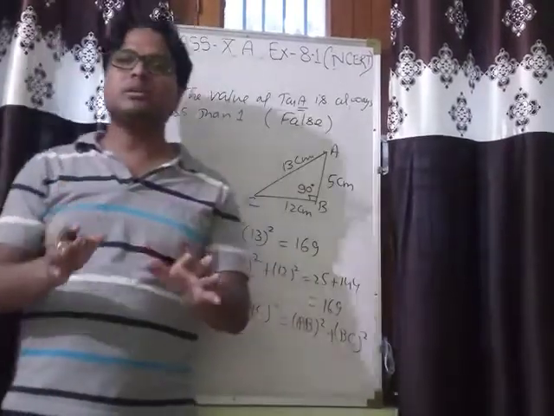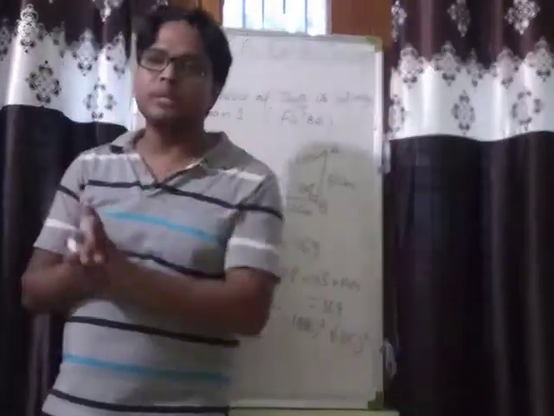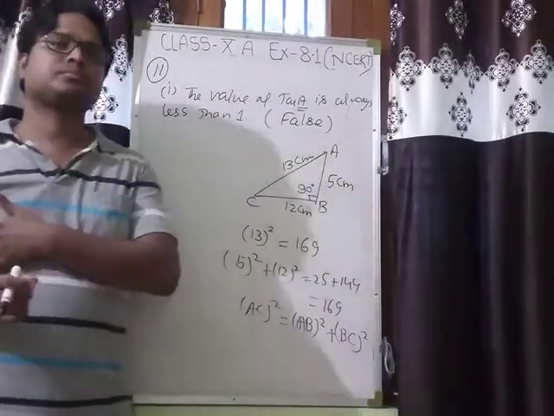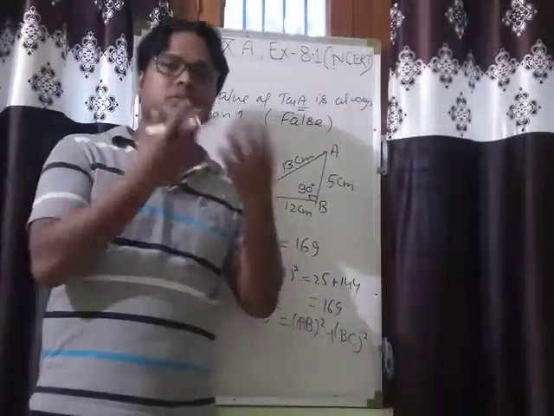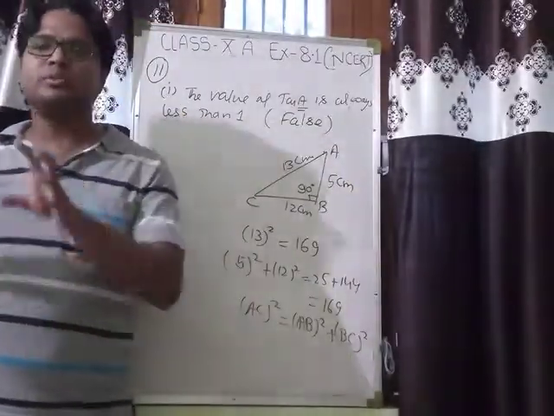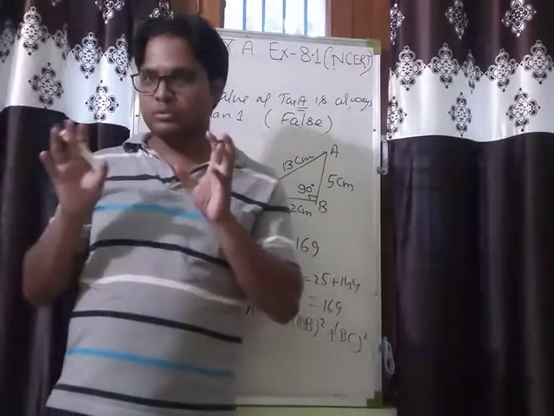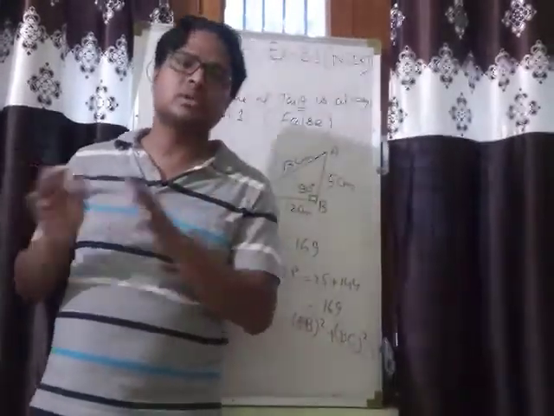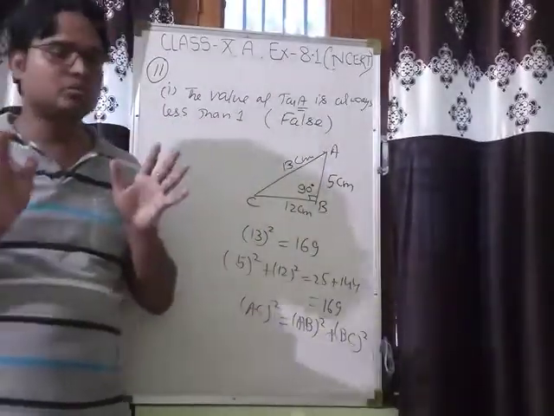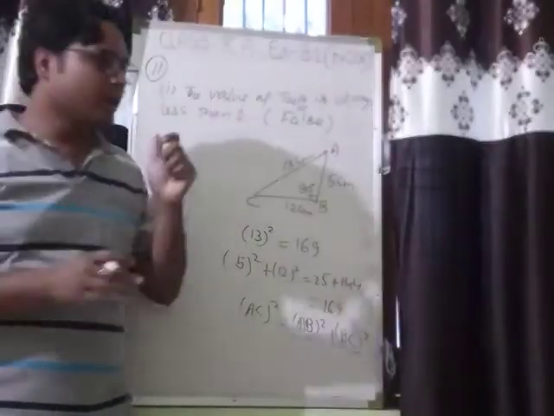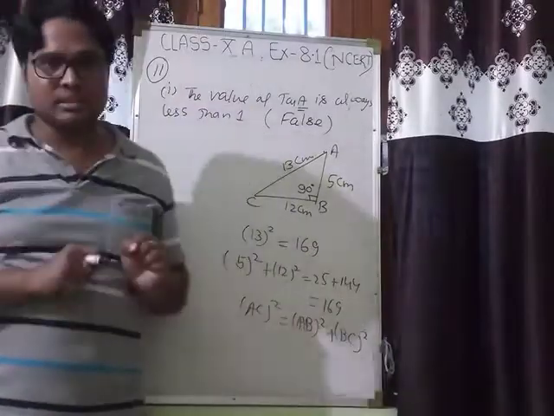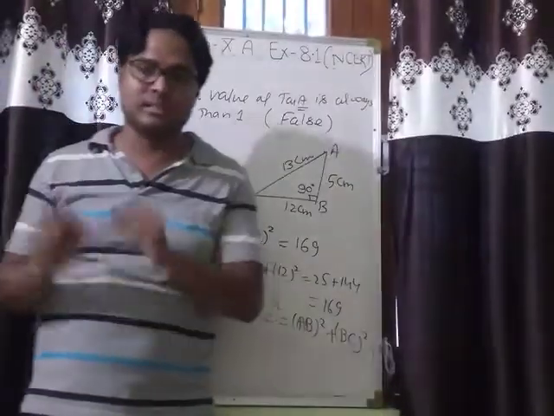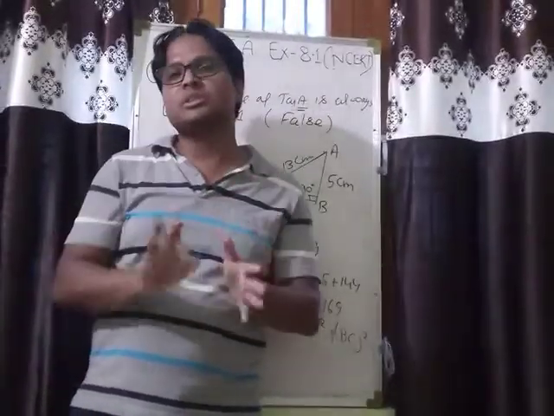In class 7 you have read about Pythagorean triplet, the three numbers which satisfy this condition. If the longest one's square is equal to the sum of squares of the other two numbers, then those three numbers form a Pythagorean triplet, and we can form a right triangle using those three lengths, in which the longest one is the hypotenuse.